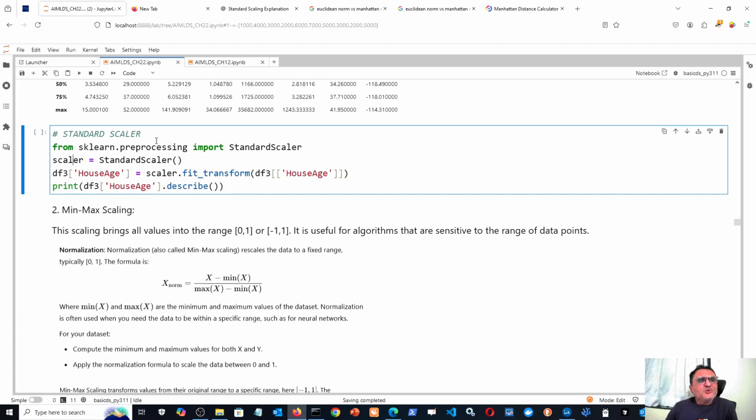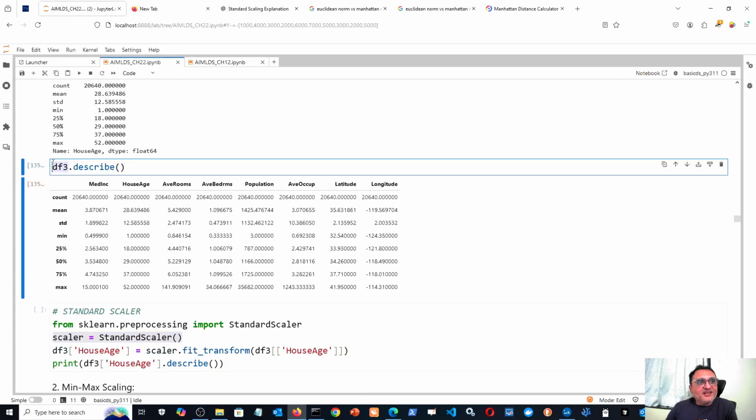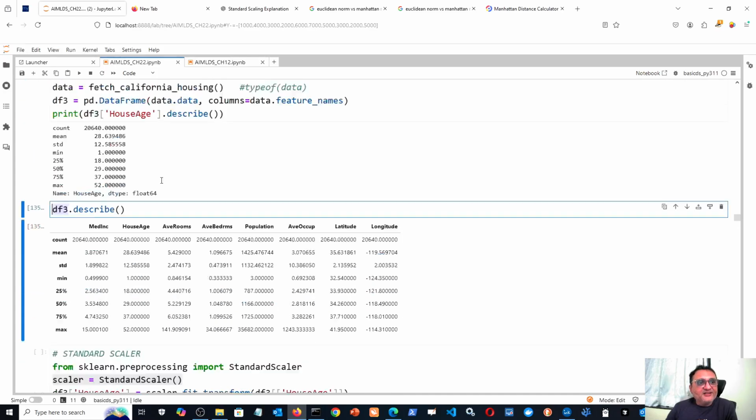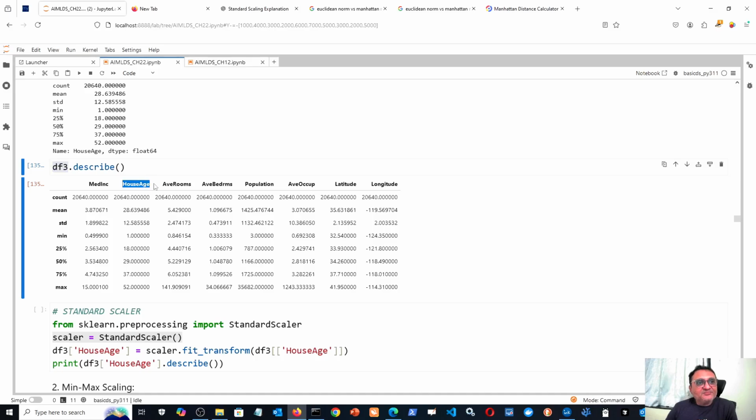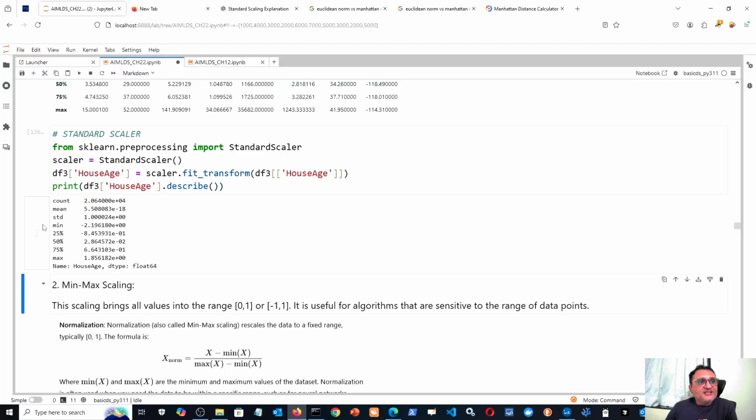Then you can do from sklearn.preprocessing import StandardScaler. The same steps every time you have to do, and then create a scaler object, StandardScaler. This is now just an object which is created, but then you have to fit it on either the entire data set or any particular column. Suppose I want to fit it on the house age column, then I fit on the house age column, and when you describe that column, you will see a visible difference.